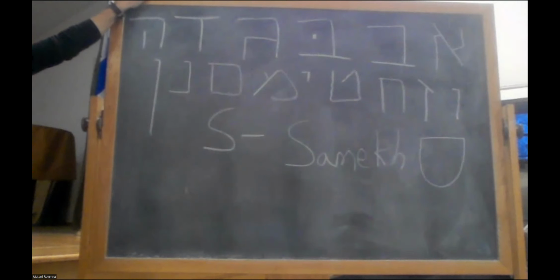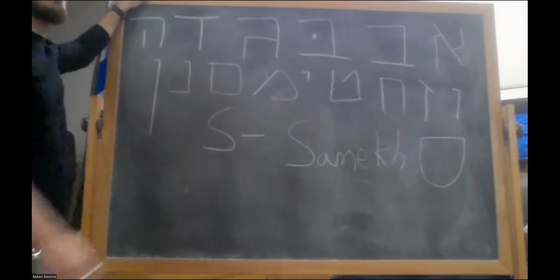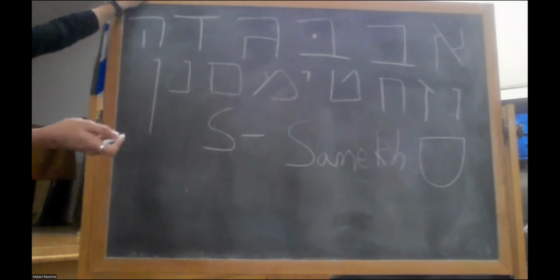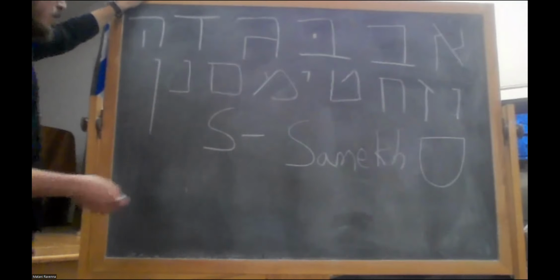Let's think about a word with Samech. Semel. Semel is like a symbol or a sigil. For example, I can ask someone, what's that emblem? It can also be an emblem. What's that symbol? What's that emblem?